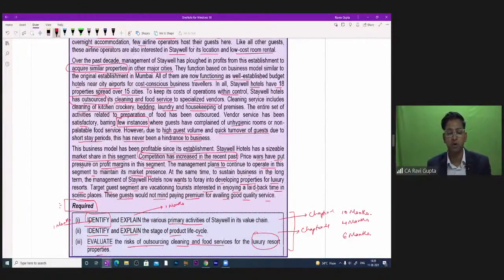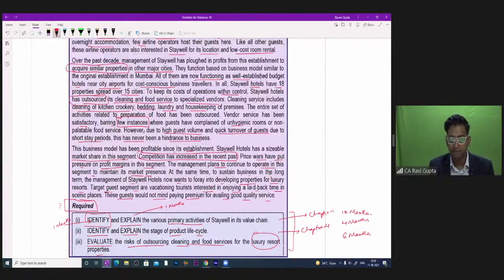The price war has put pressure on the profit margin, and you know that when we are in a growth stage, our profit is increasing, our sales is increasing. When there is pressure on profit margin, that is the maturity stage, and we try to retain our market share. Our whole effort is not to increase our market size, but only to retain our market share.